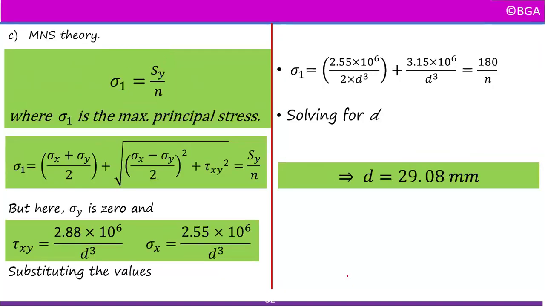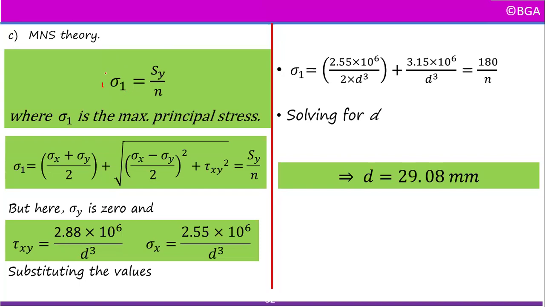We can also use, at least for comparison purposes, MNS theory, which is only applicable for brittle materials. Let's see what will happen if you use MNS theory. MNS theory states that failure occurs whenever one of the principal stresses exceeds the yield strength of the material. This is the general expression of MNS theory.